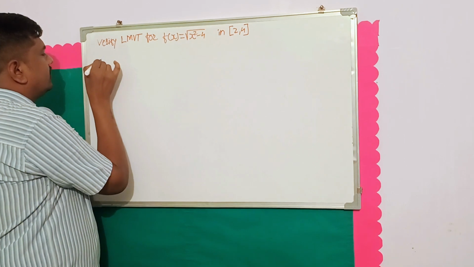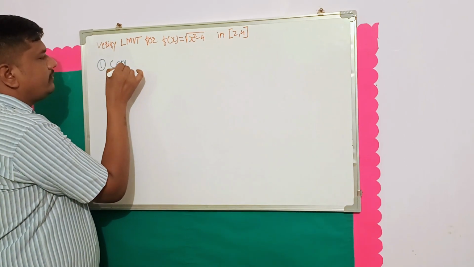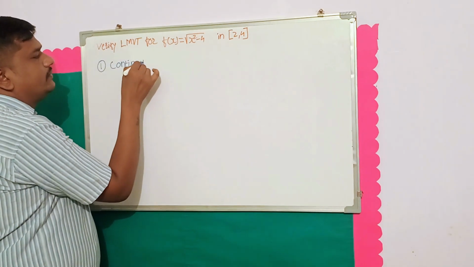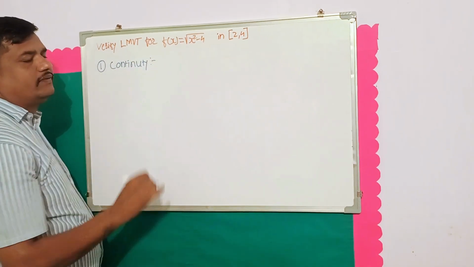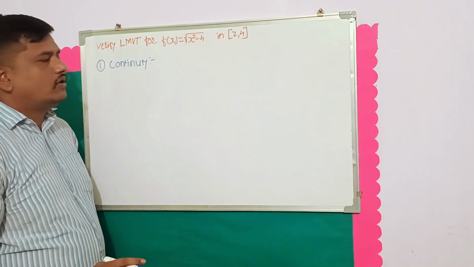The first condition of the Lagrange's mean value theorem is the continuity. We have to check whether the given function is continuous within 2 comma 4 or not.